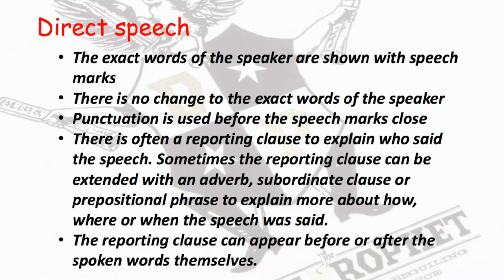There is often a reporting clause to explain who said the speech. Sometimes the reporting clause can be extended with an adverb, subordinate clause or prepositional phrase to explain more about how, where or when the speech was said. The reporting clause can appear before or after the spoken words themselves.